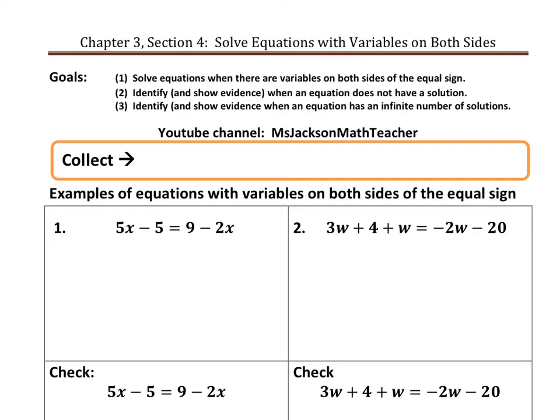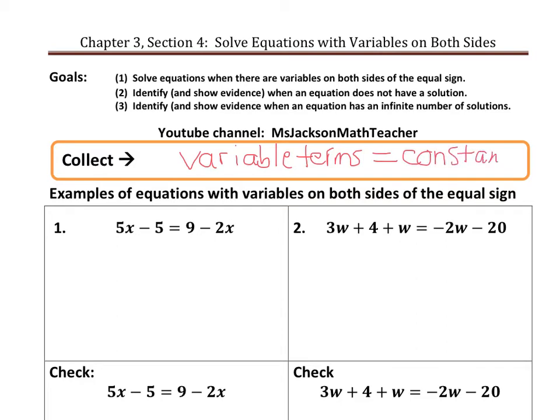Okay, so let us start here. First thing, how do we deal with variables on both sides? We want to collect, by that I mean get them all together. We want to collect variable terms on one side, and we want to get pure numbers or constants on the other.